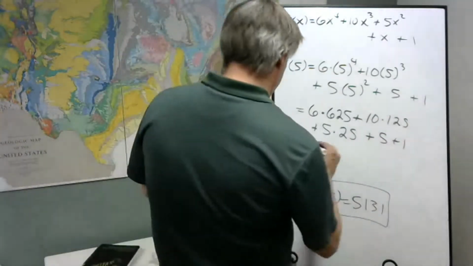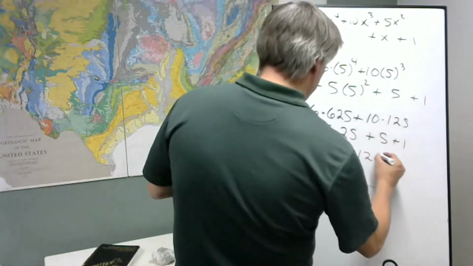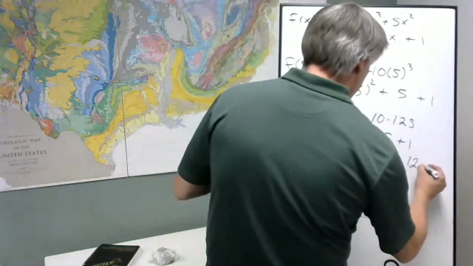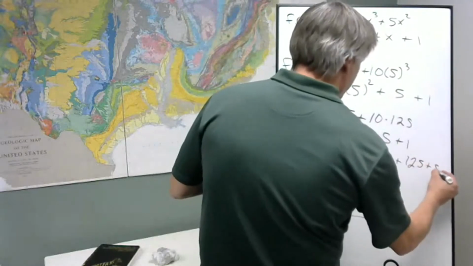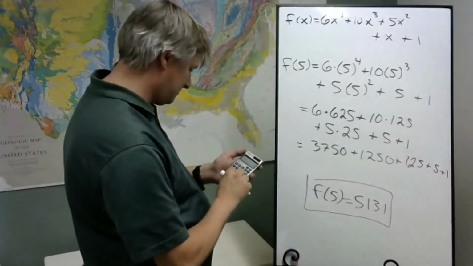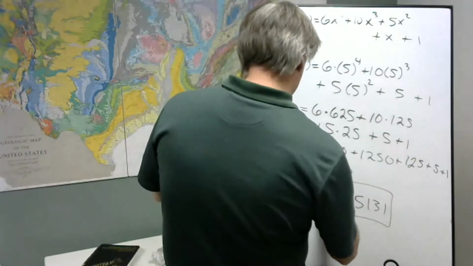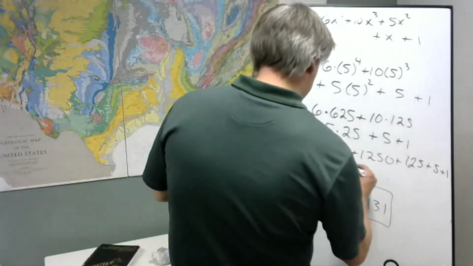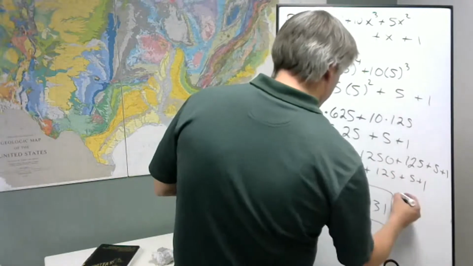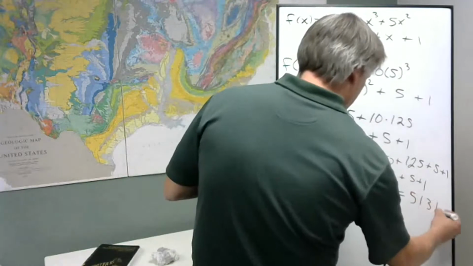So this will be 3,750 plus 1,250 plus 125 plus 5 plus 1. So this will be 5,000 plus 125 plus 5 plus 1, or just skipping a few steps, what we'll get is 5,131.